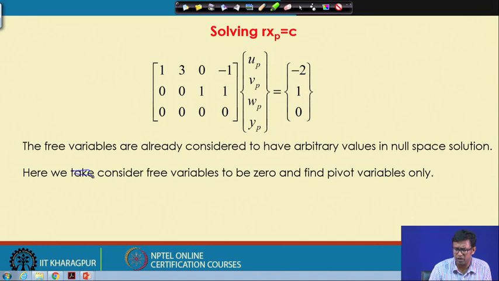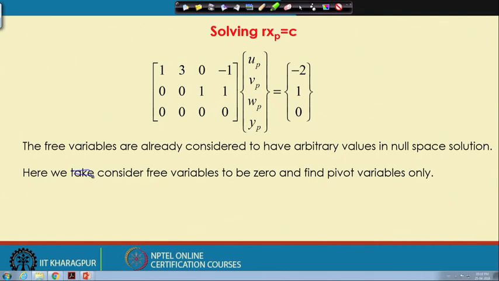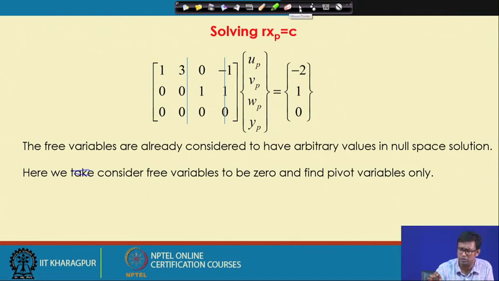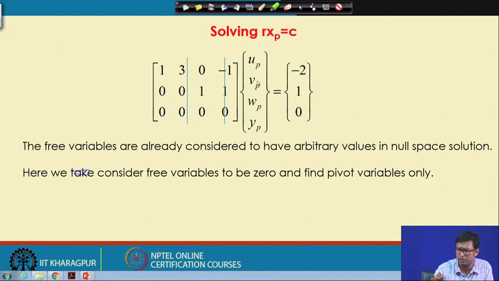So, we make the free variables 0 and only consider the pivot variables. The columns associated with free variables are not considered; the free variables are equated with 0.